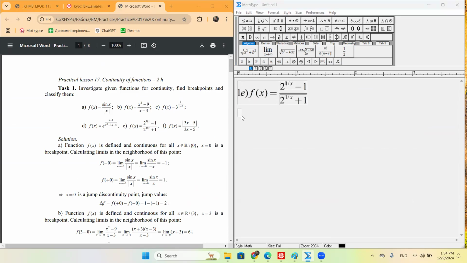Okay, so what is the breakpoint here? 0. Yes, 0. Let's investigate.